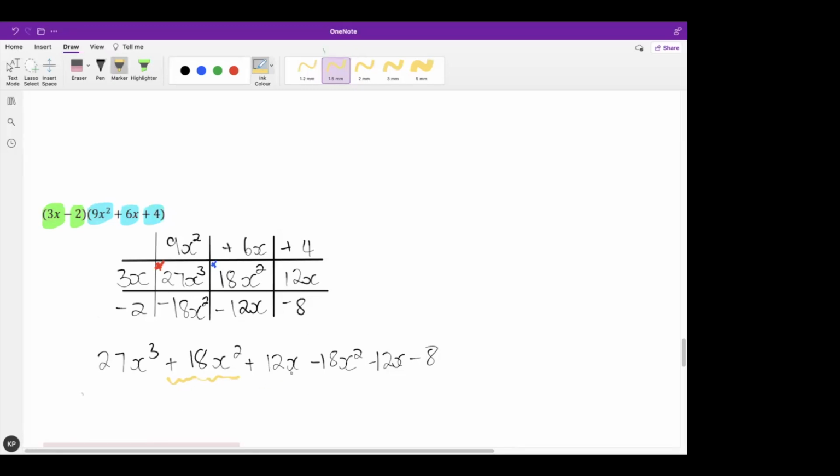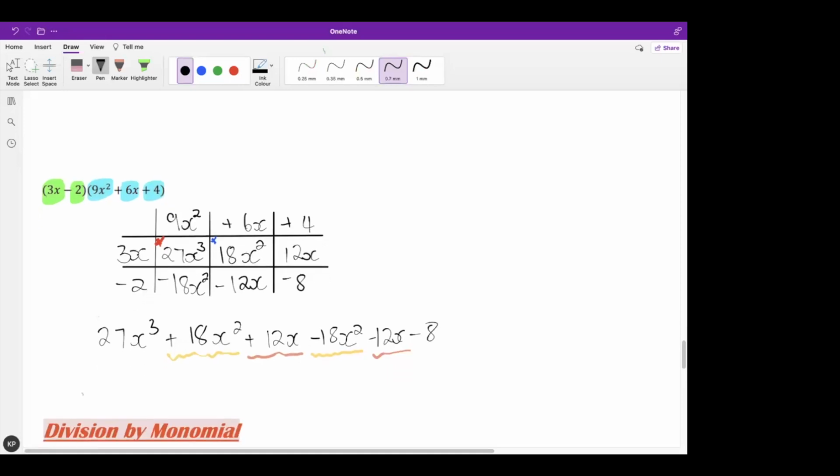Nice. Negative 18x squared. Okay, let's move on. 12x. Do we have a like term for 12x? Yes. Okay, let me highlight it. So which one is my like term for 12x? Negative 12x, and then negative 8 is on its own.